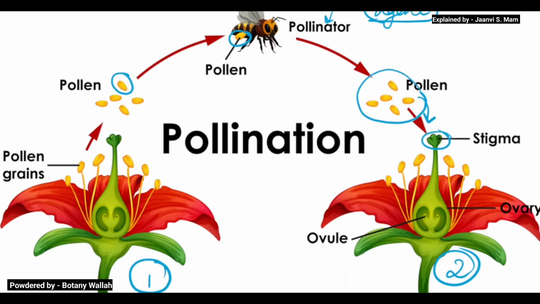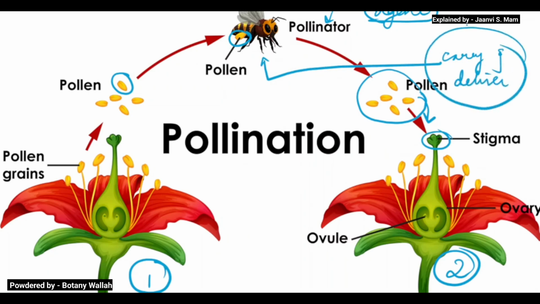And the one who is helping in carrying and delivering the pollen is like a delivery boy, the person who brings the parcel, or brings food from a hotel to your house, or from one company to your home, whatever.